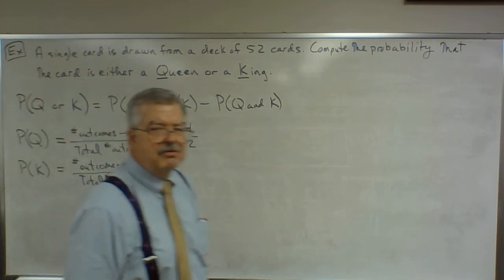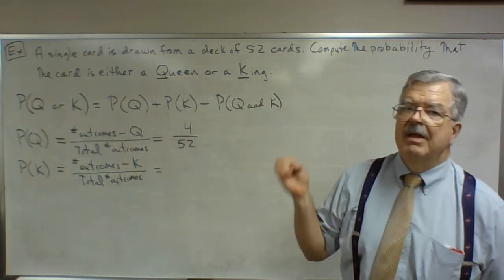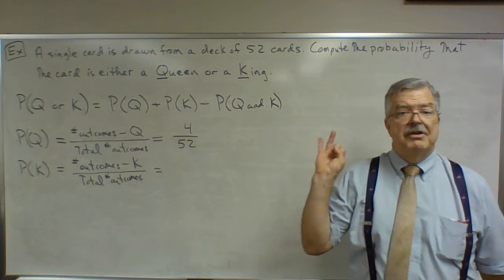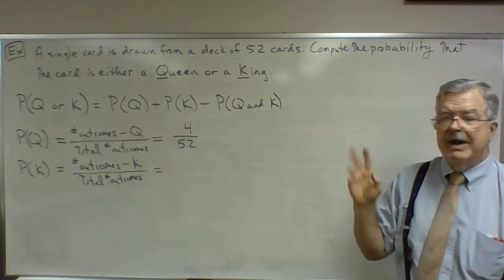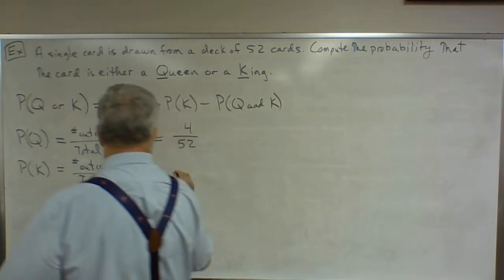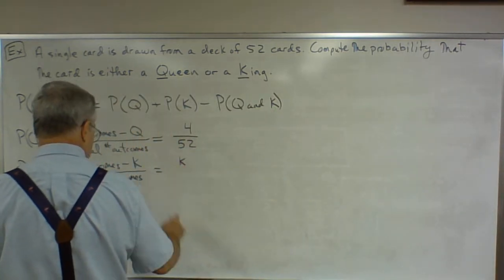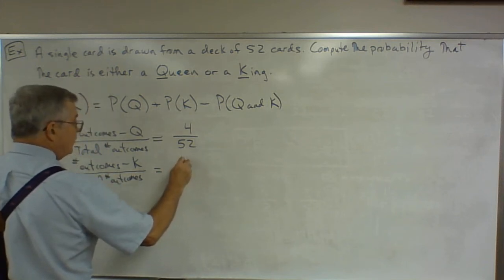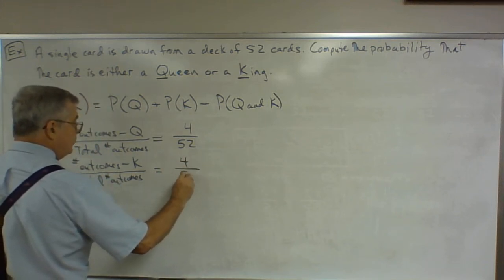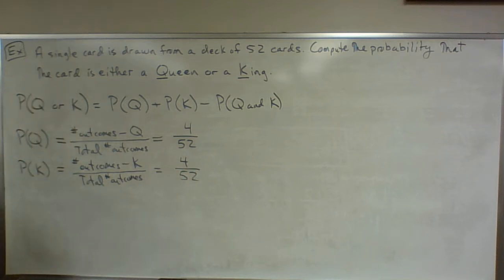And how many outcomes result in a king? King of clubs, king of diamonds, king of hearts, king of spades. 4 outcomes give us a king. Total number of outcomes is 52.